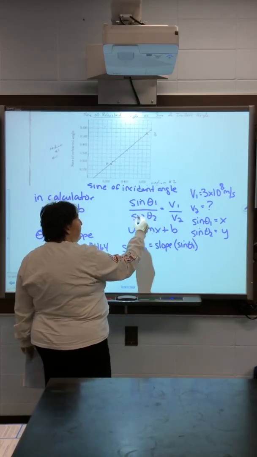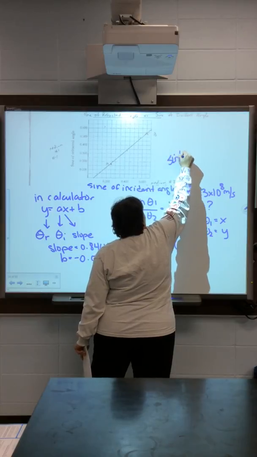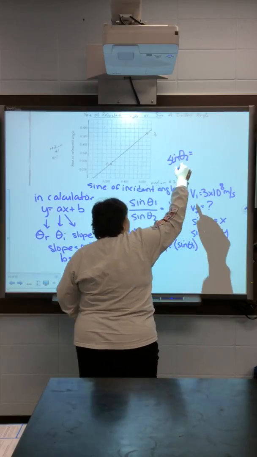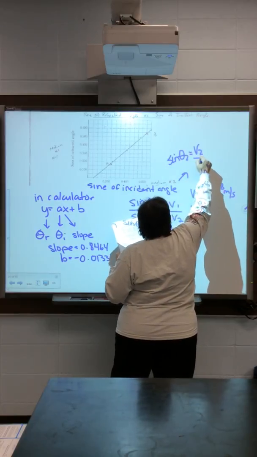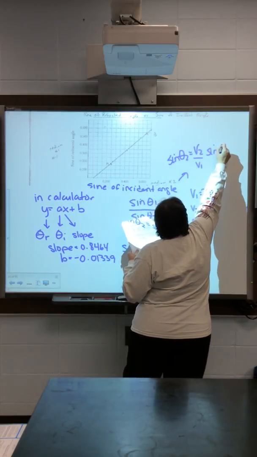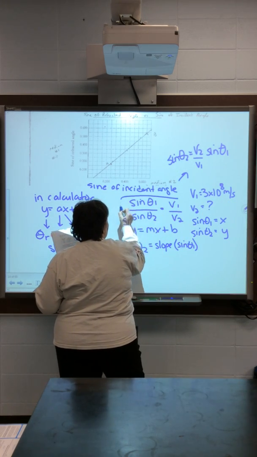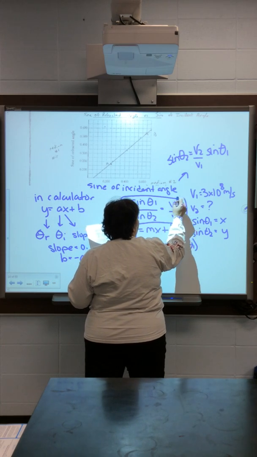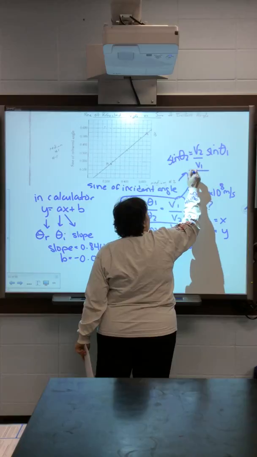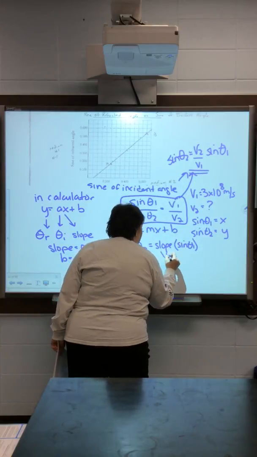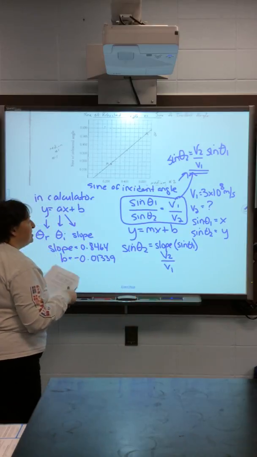So when we rearrange this formula and solve for sine theta 2, we see that we have V2 over V1 times sine theta 1. This is when we rearrange this formula here. Well, what's in the slope position? This is going to be V2 over V1. That's what your slope is equal to.